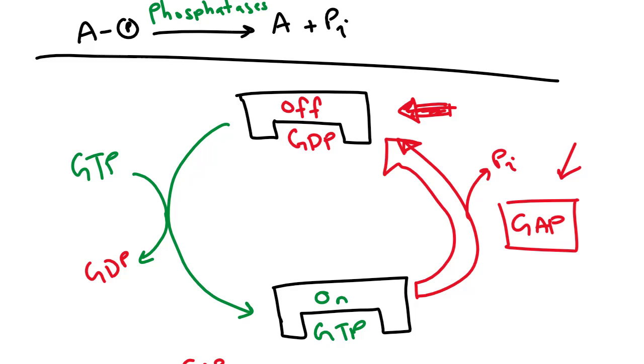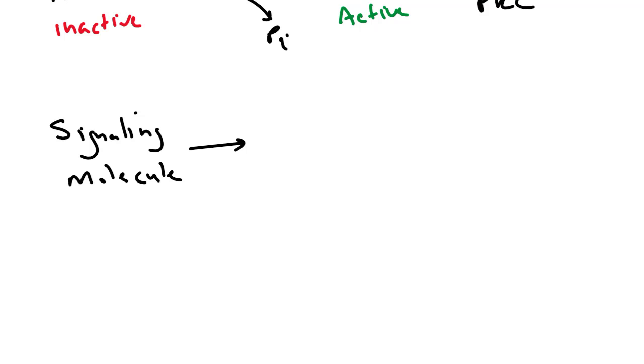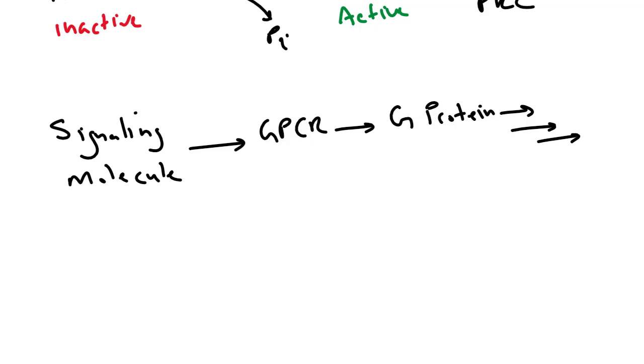We never said how the GAP is activated. Well, the GAP is activated by the signal transduction pathway. So when we're looking at the signal transduction pathway and we have a signaling molecule activating the G protein-coupled receptor, which activates the G protein, and this will eventually lead to other things being activated and will lead to a response.